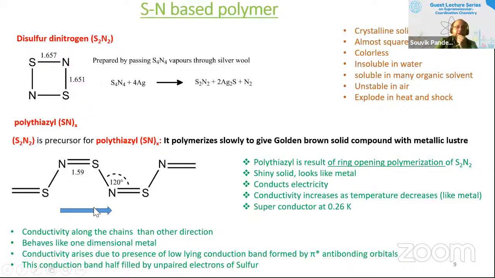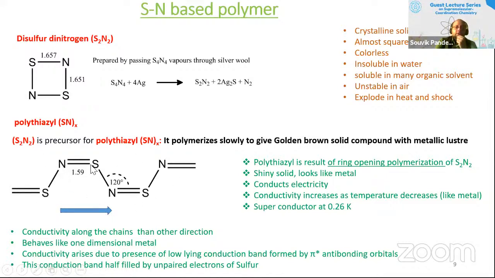And in this, the conductivity is actually one dimensional, from S to N, this way the conductivity arises. In this direction there is no conductivity, and we know that this is actually due to the conduction band of this polymer.